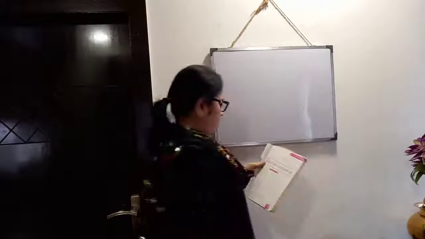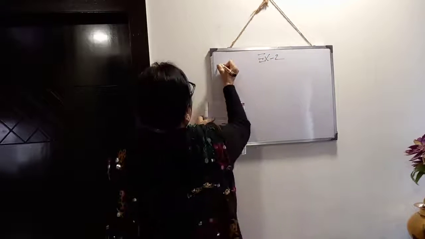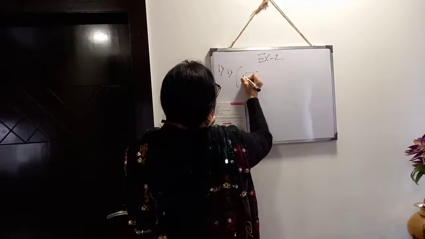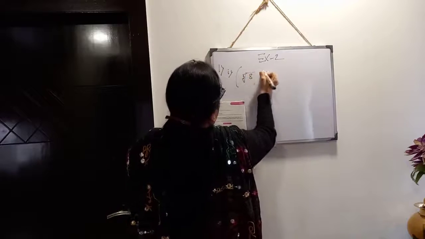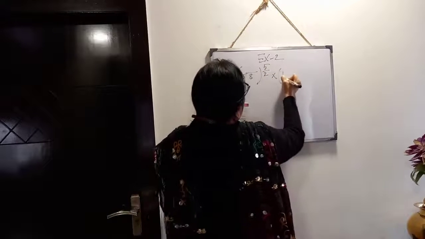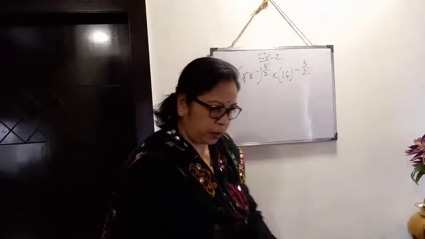Now see, exercise 2, 1, 1. Find the value of this. This is the fifth root of 8 to the power 5 by 2 into 16 to the power minus 3 by 2. Clear?